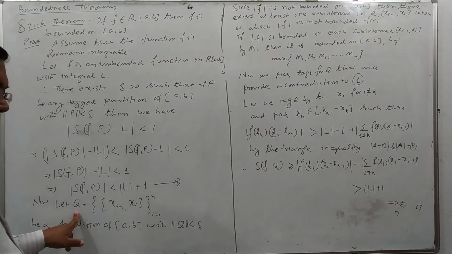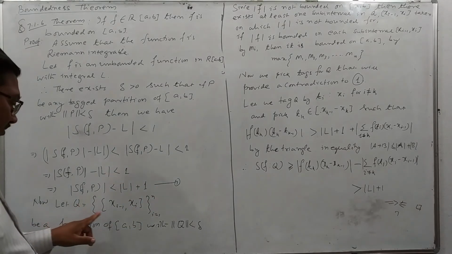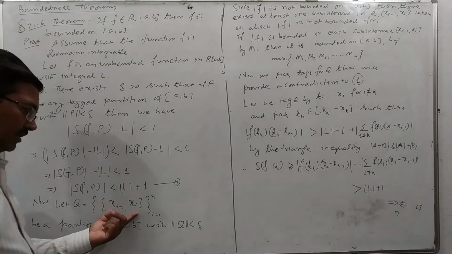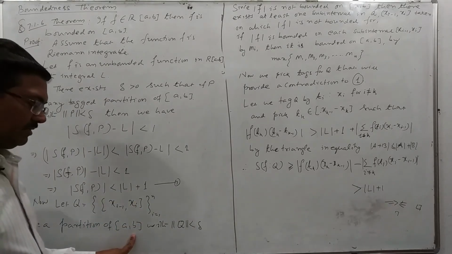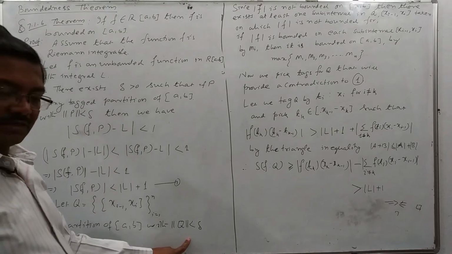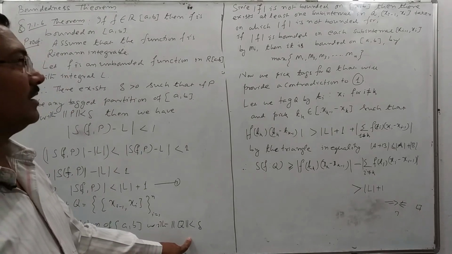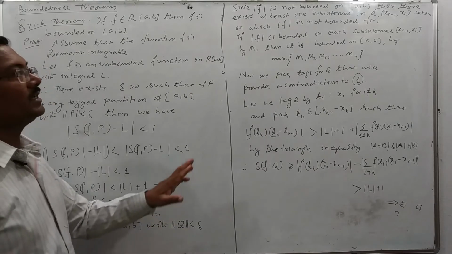Let Q be another partition, Q with subintervals i equal to 1 to n, a partition of the closed interval [a, b] with the norm of Q less than delta.